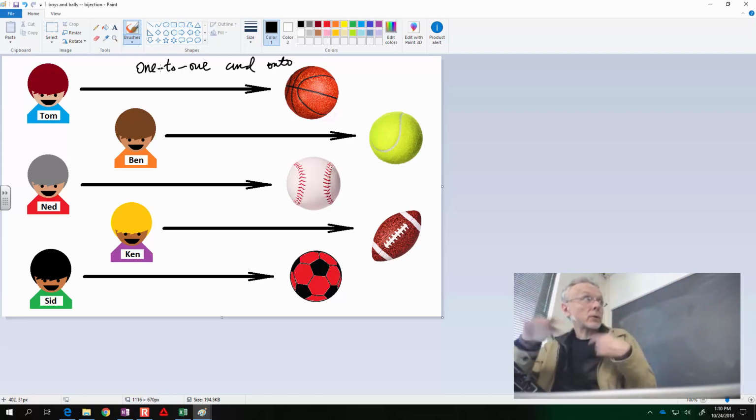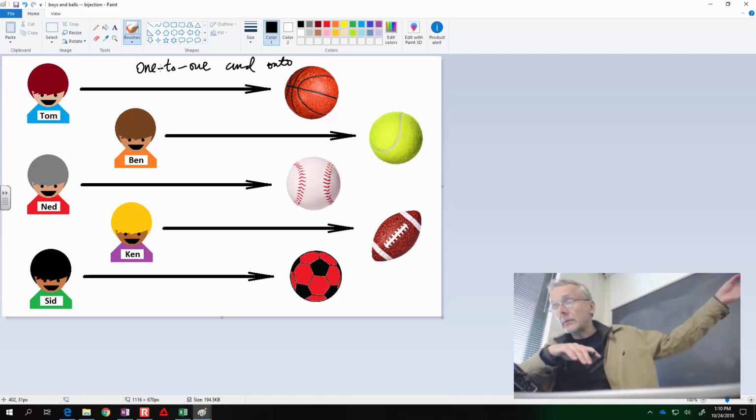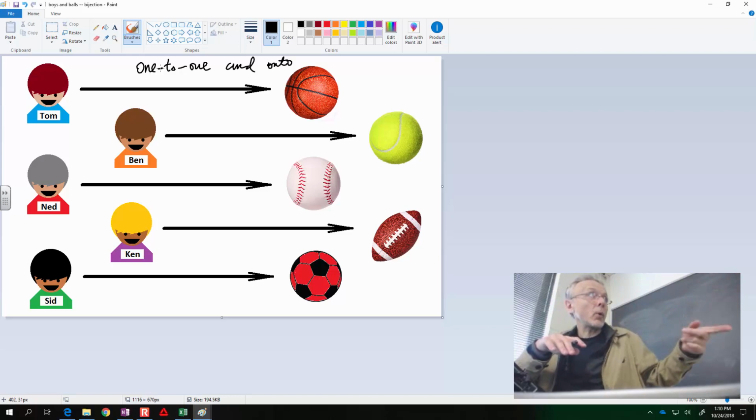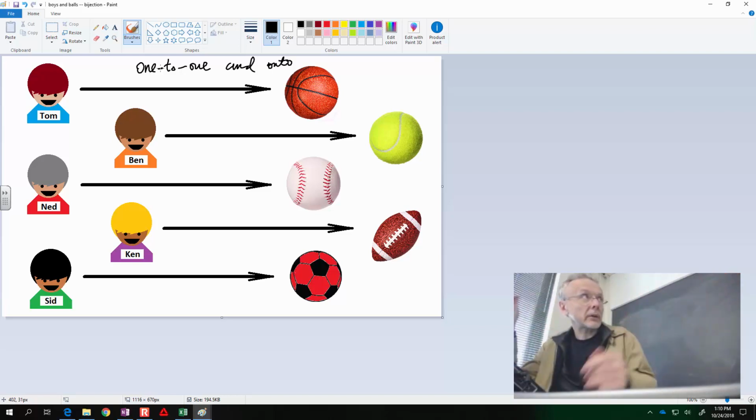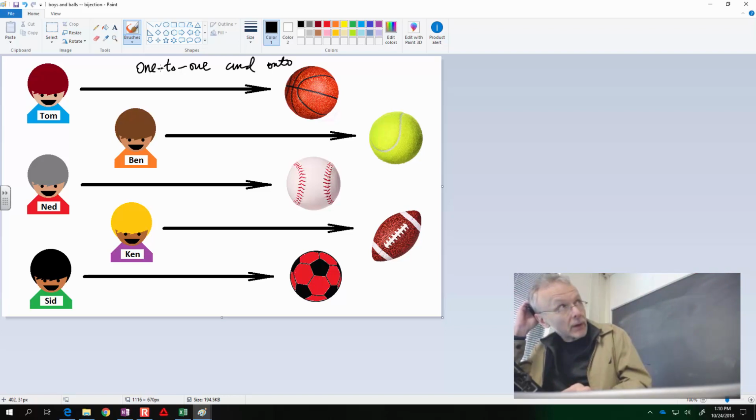And conversely, if you don't remember the name of Sid, you say, it's the boy that plays with the soccer ball. That is still entirely unambiguous and fair.